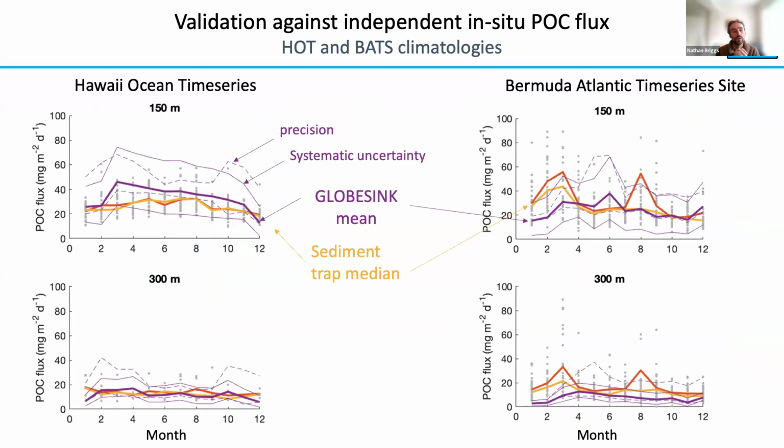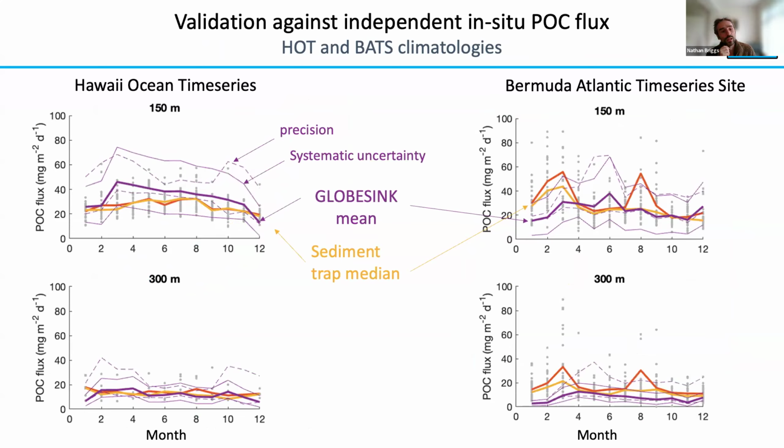This is sort of zooming in on individual long-term time series of sinking carbon flux, specifically the HOT time series on the left and the BATS time series on the right. And these are places where sediment traps are deployed monthly over many years.